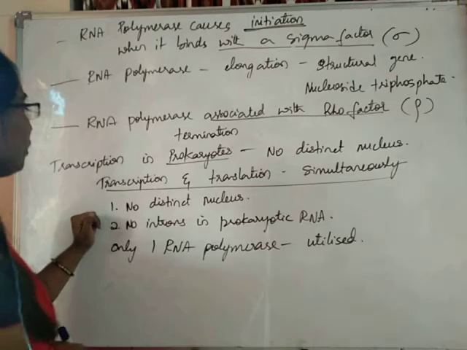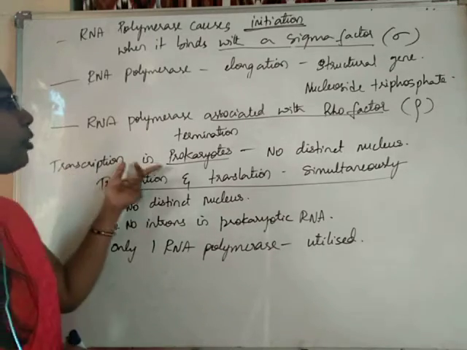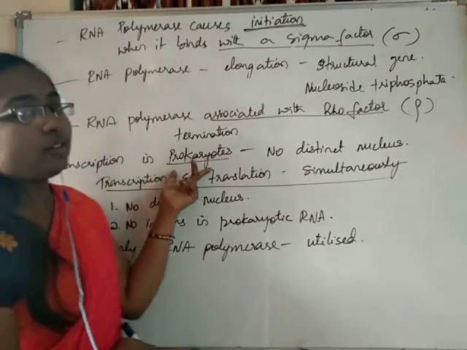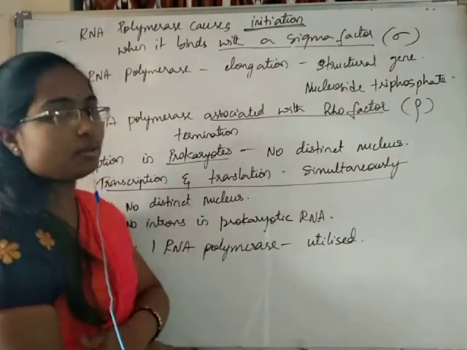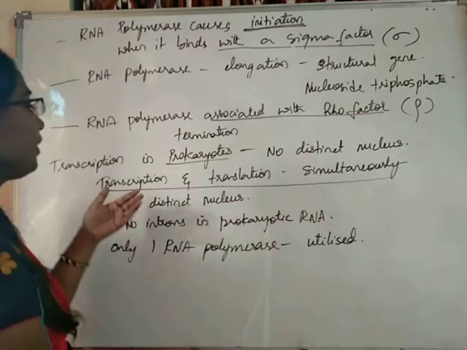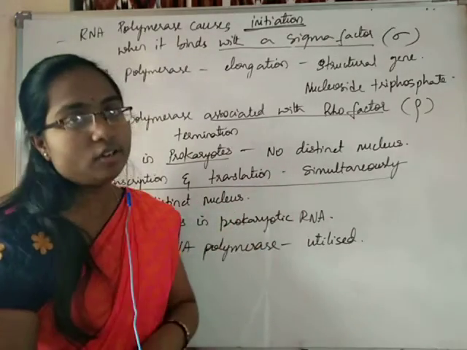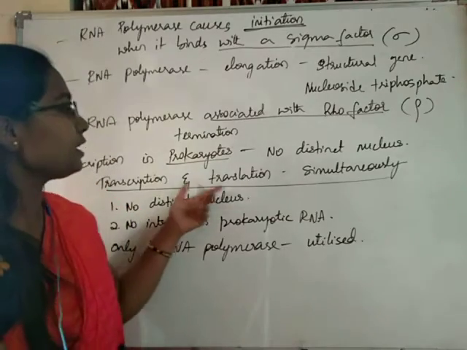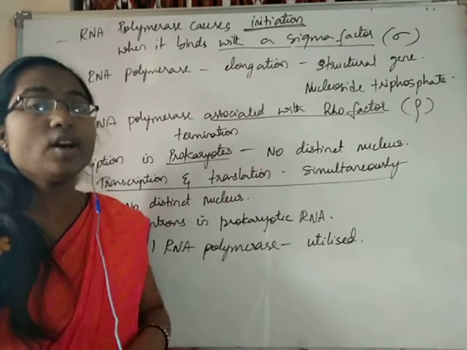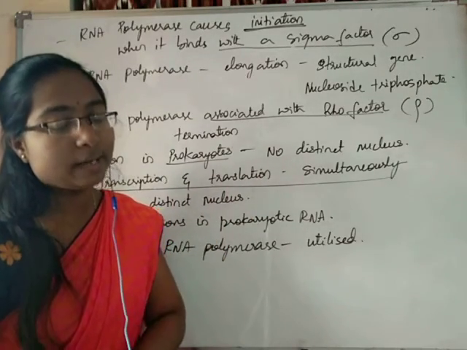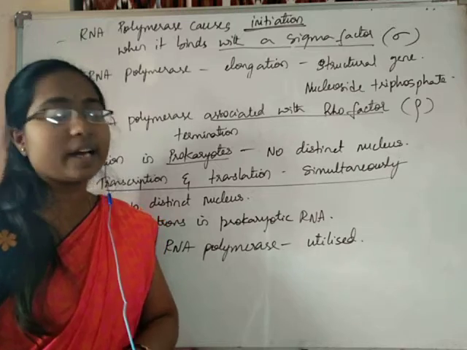Prokaryotes are those cells where there is no distinct nucleus, right? So in that way transcription and translation occur simultaneously in prokaryotes. Transcription and translation occurring simultaneously means both occur at the same time. How can both occur at the same time?